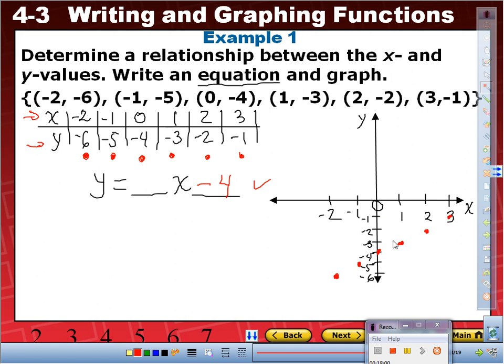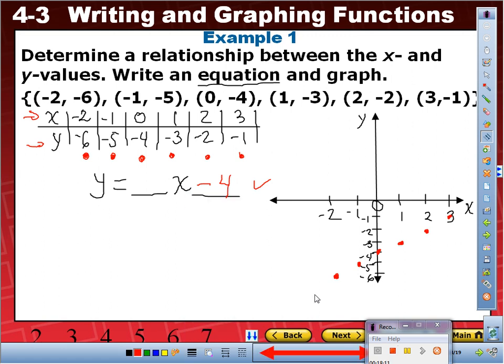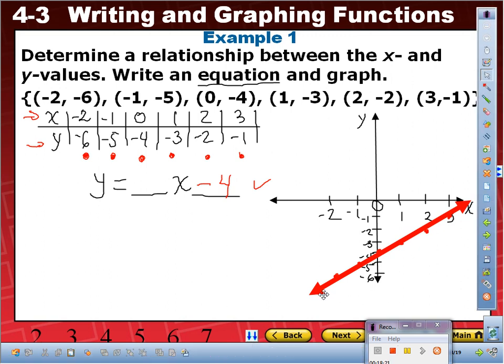Now that we plotted our points, we need to graph our line. Let's graph a line. I'm going to do that in red. All right.